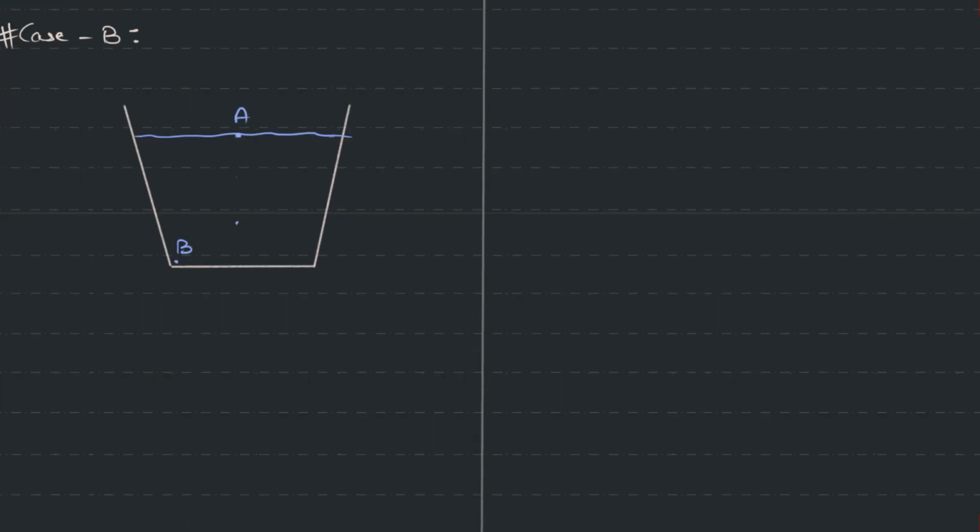Now we have case 2. So we have a narrow base with a wide mouth. So clearly the water here is more than case A and C actually.